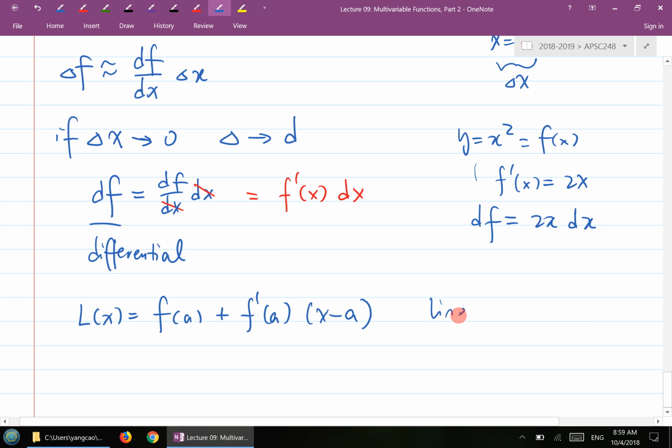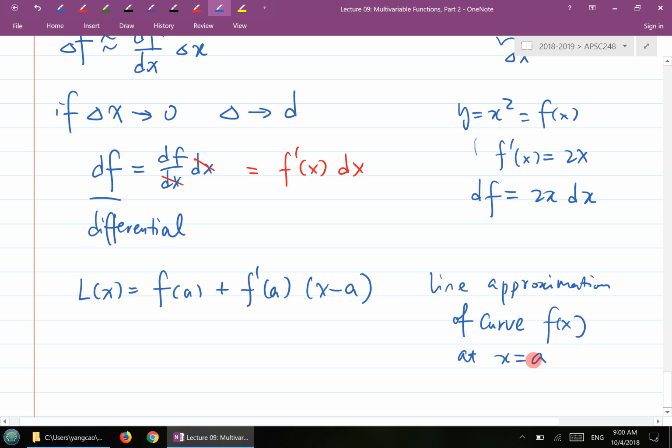And this is your line approximation of curve f of x, y at x equal to a. Okay, all of this is not new.